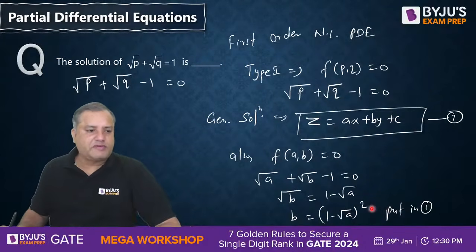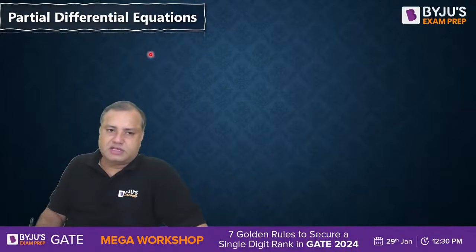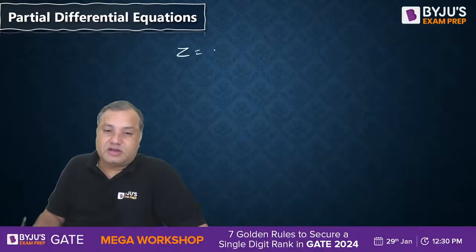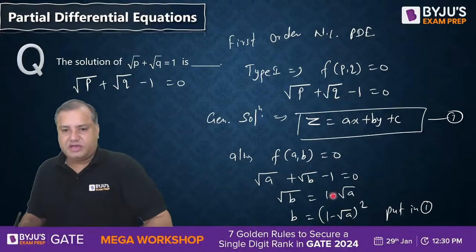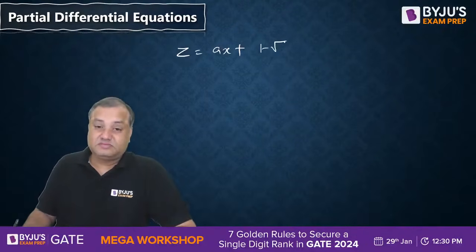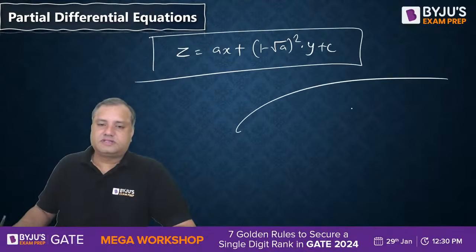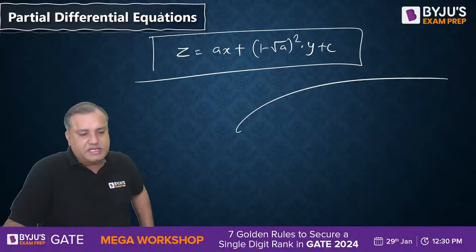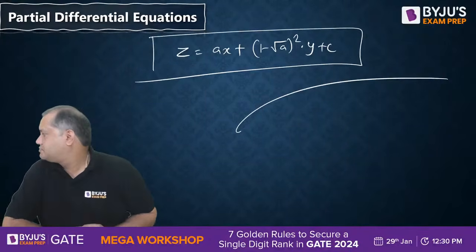So equation 1 finally gives us the general solution: z equal to ax plus by, where b is 1 minus root a whole square, plus c. This is the required solution.